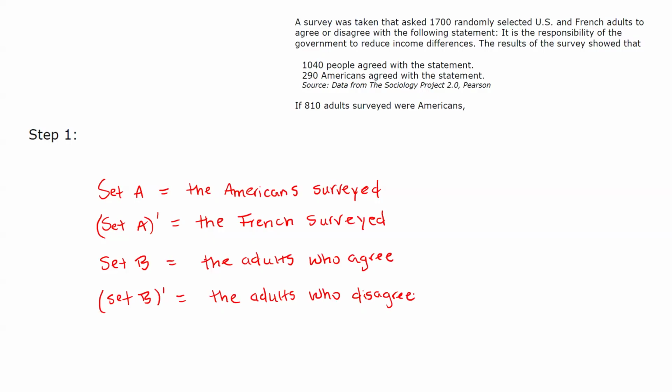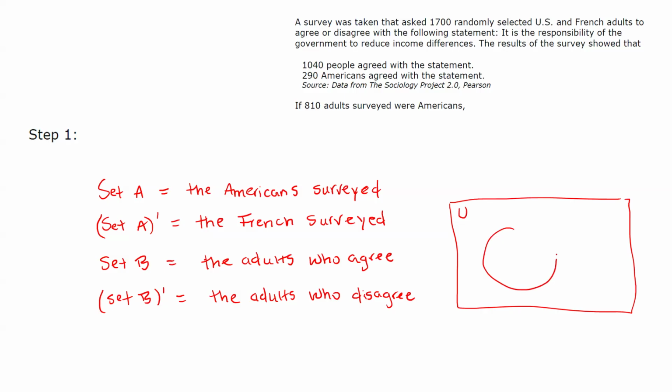Okay, so we have 2 subsets. So a sketch of this, we have our universal set, and we have our 2 circles. We have region 1, region 2, region 3, and region 4. This would be set A. This will be set B. Okay.